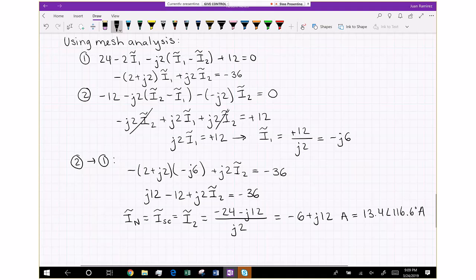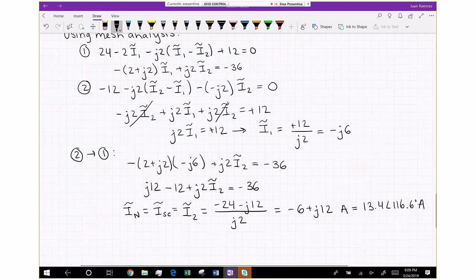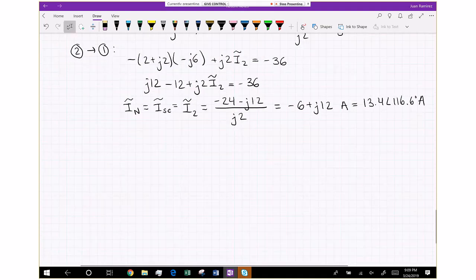That's step 1. Step 2 is to find the impedance. That equivalent impedance will be what we call the Norton impedance. It turns out we do it the same exact way we did it for Thevenin's theorem. So again, we're going to kill that 24 volt source.